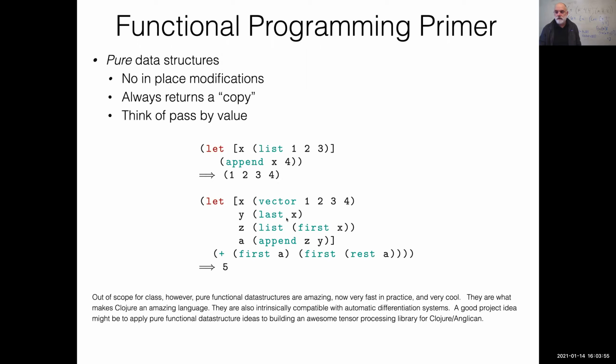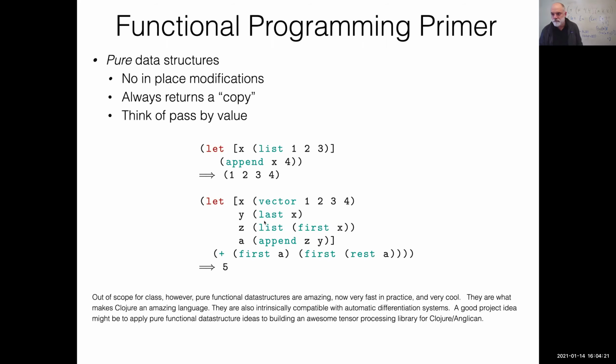And you can do all sorts of stuff. Let x be a vector from 1, 2, 3, 4, and then y be last x, and z is a list constructed from the first of x, and you append to z y, and then you add the first of a to the first of rest of a, and that's 5. Okay, great, fine.